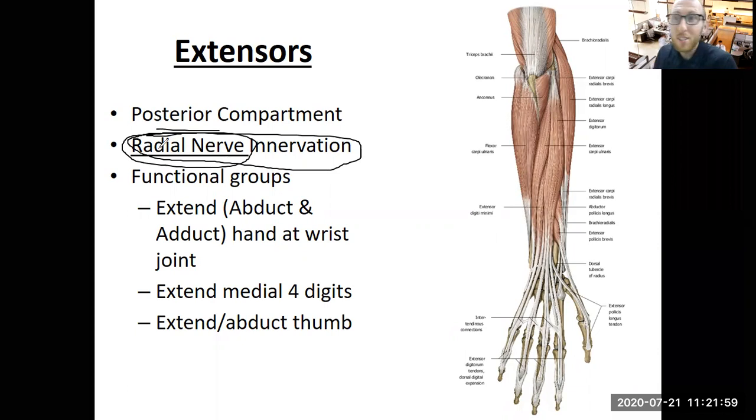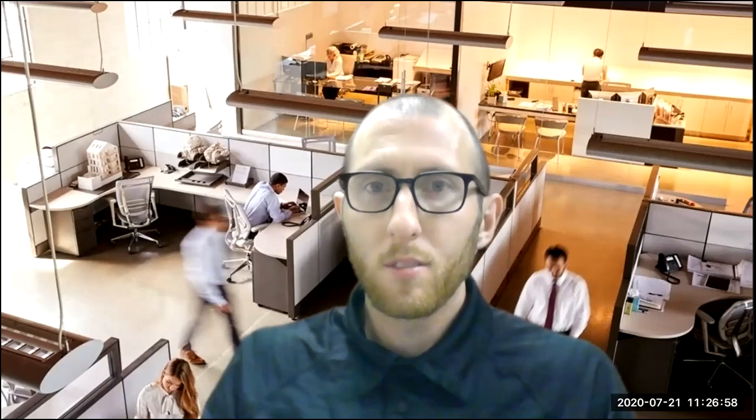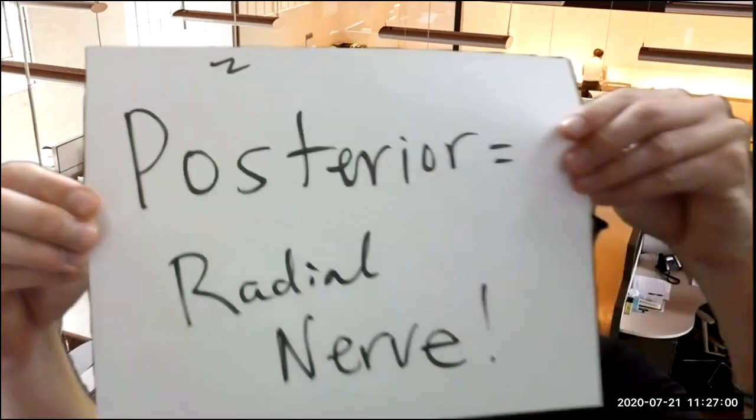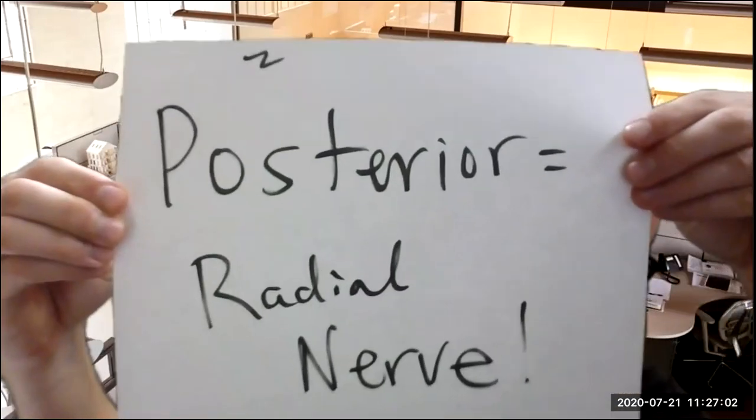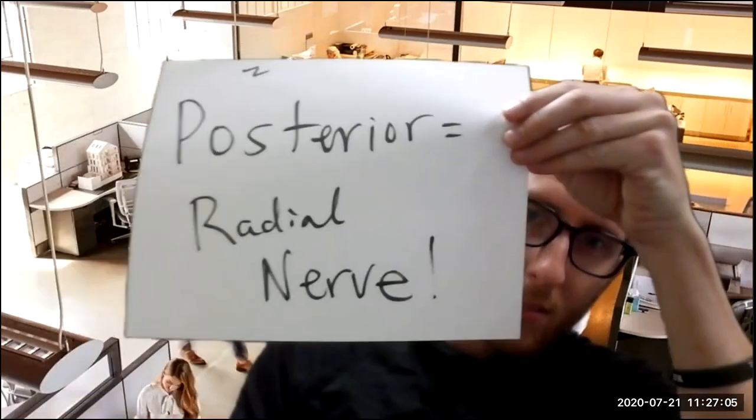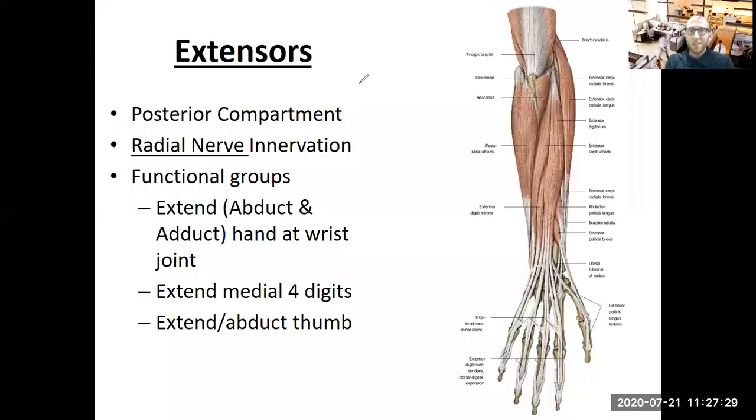And really posterior brachium, radial nerve. Posterior hand, radial nerve. The radial nerve is posterior. All right, so radial equals posterior. We got that down. Time to move on.